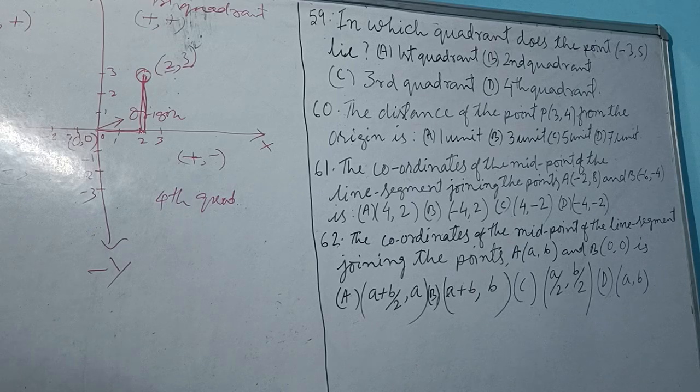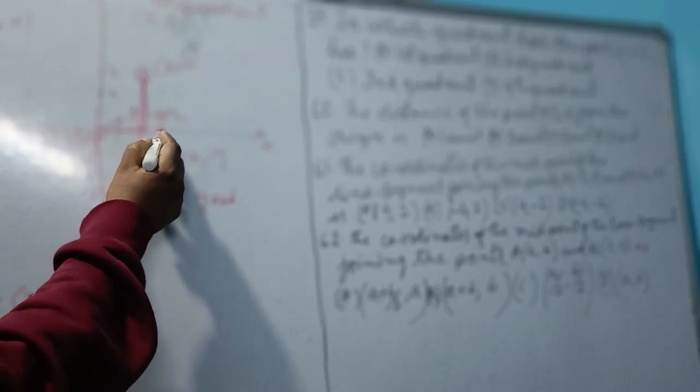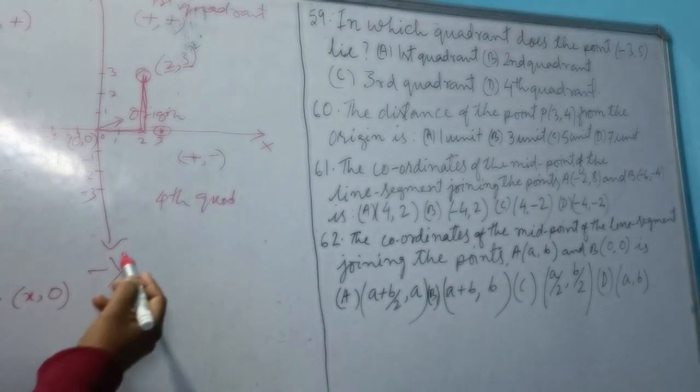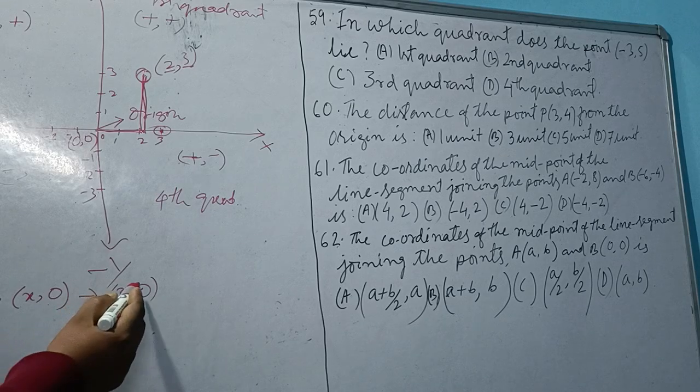Now any point which lies on the x-axis, we always write in the form x, 0. Suppose one point is lying here, at 3, it is neither going up nor coming down, so we can write it as 3, 0. x can be either a positive or negative number, but y must be 0.